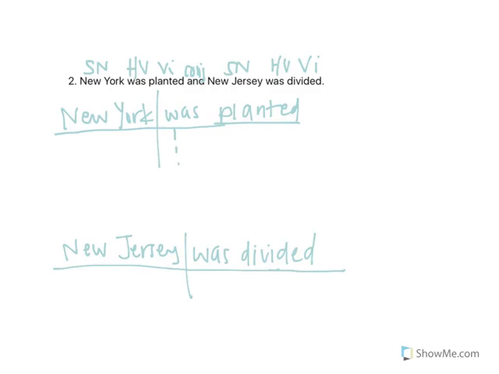Now we know that we connect these like this with our coordinating conjunction. Alright, New York was planted and New Jersey was divided. So we know that this is a compound sentence and that this is a declarative sentence.